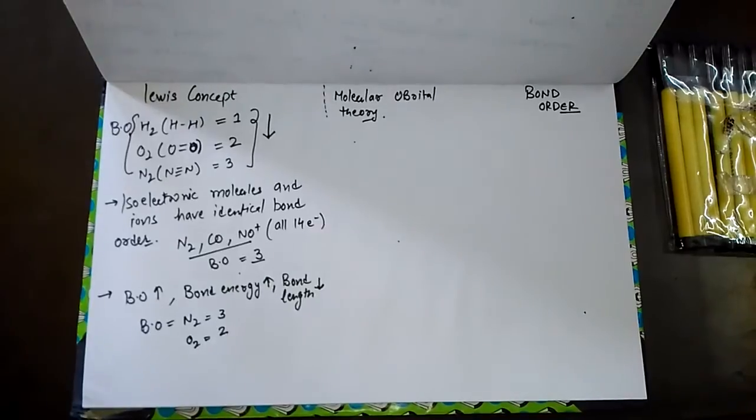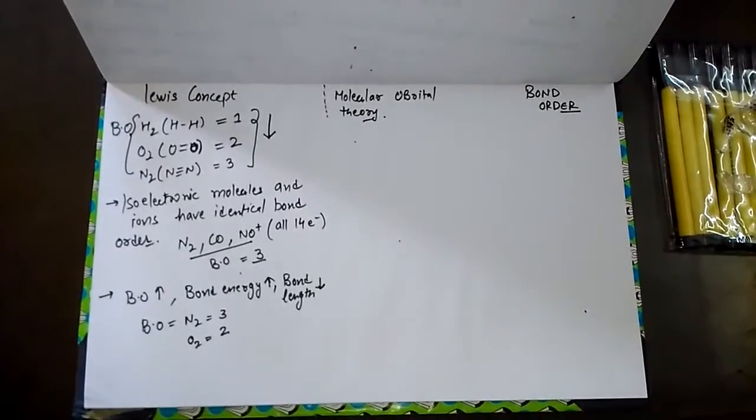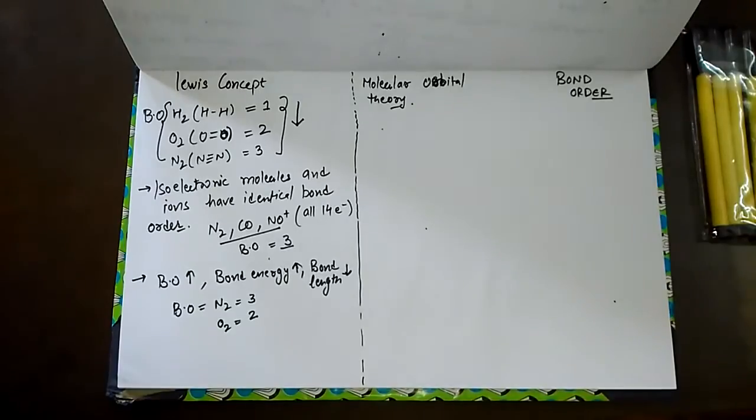Next, we have molecular orbital theory, and how we can calculate the bond order with its help. Make sure that you have seen the video on molecular orbitals, on how to write the configuration, otherwise you will not be able to understand this concept.